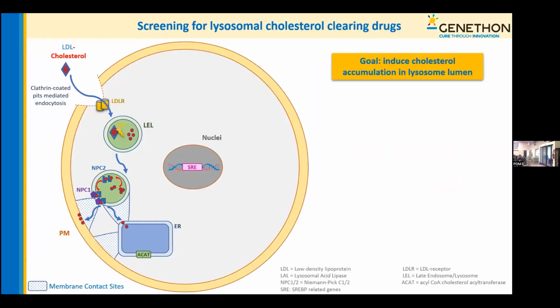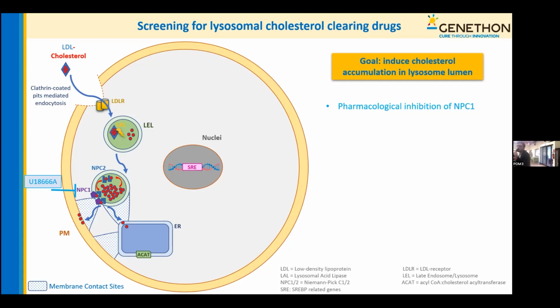So what we are doing now is trying to screen for drugs that will clear cholesterol out of the lysosomal lumen. And to do that, we had to develop an in vitro readout to screen for drugs. What we do, quite simply, is to block one cholesterol transporter, which exists on the membrane of the lysosome.